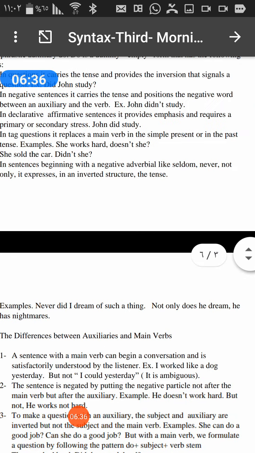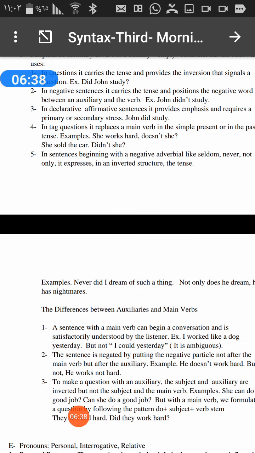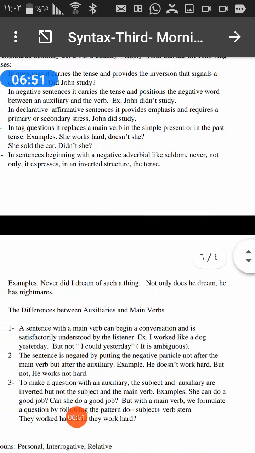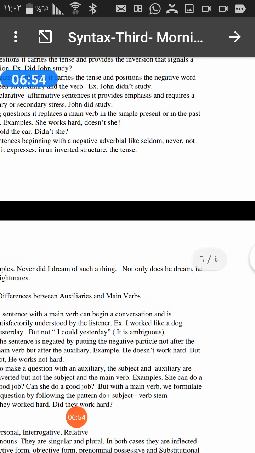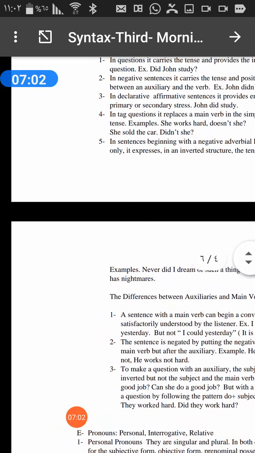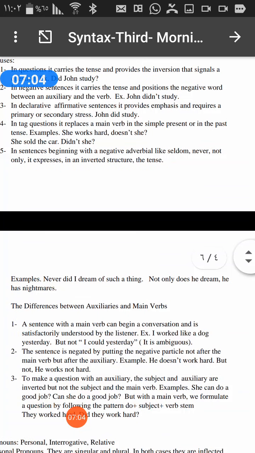Last function, آخر وظيفة, آخر استخدام, the last use of verb to do is in sentences beginning, في الجمل التي تبدأ, with a negative adverbial like seldom. Some sentences in English begin with an adverb like seldom, never, or sometimes it begins with a negative particle or negative adverbials like not only.